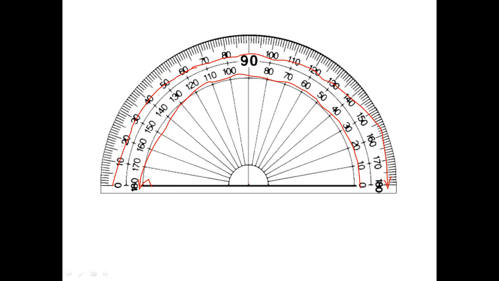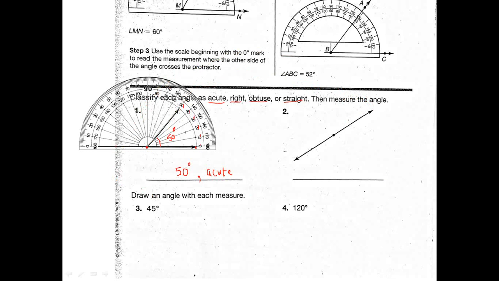Here is the center that we put on the vertex of the angle. We choose to put the 0 on the right or the left according to where the arrowhead is pointing. Here the arrowhead is pointing to the 0 because we are on this side. It's easier for you to count from this side.